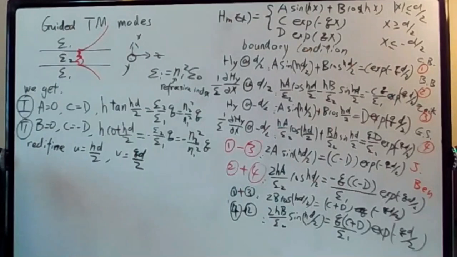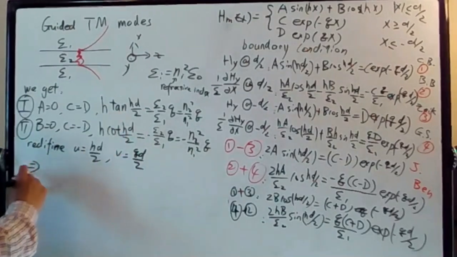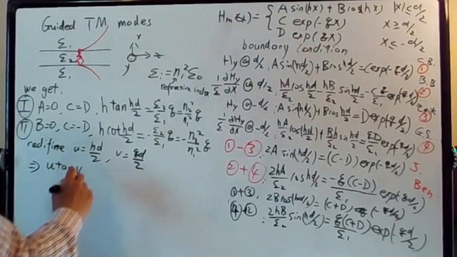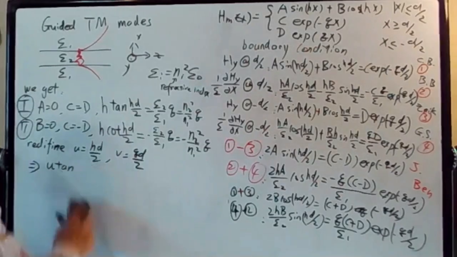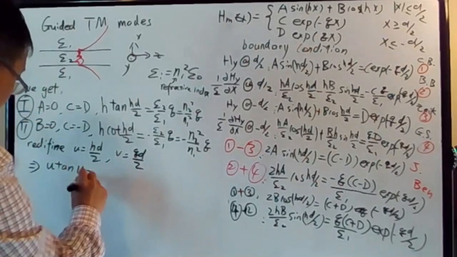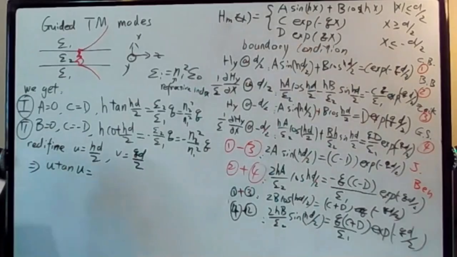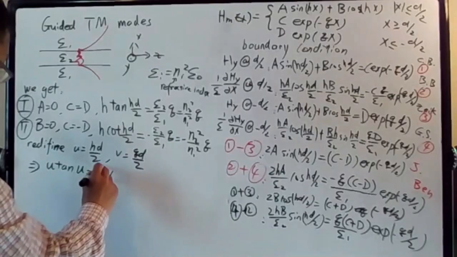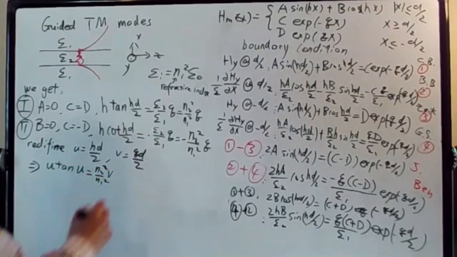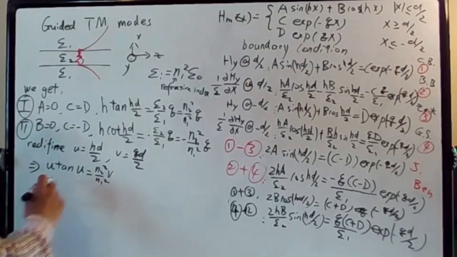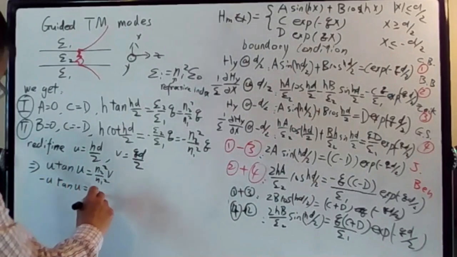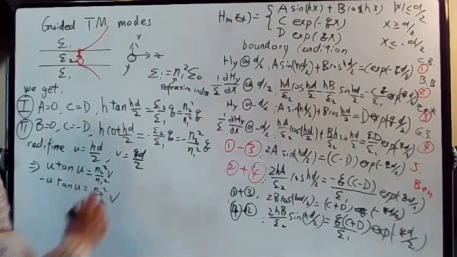So we have the first equation, U tangent U equals N2 square over N1 square V. And another equation is going to be negative U tangent U equals N2 square over N1 square V.